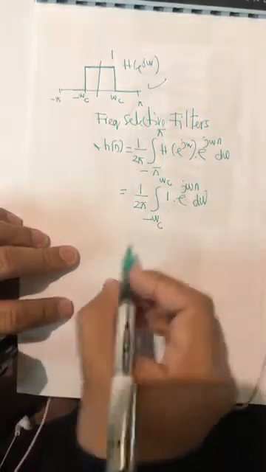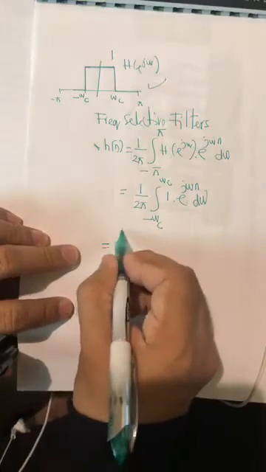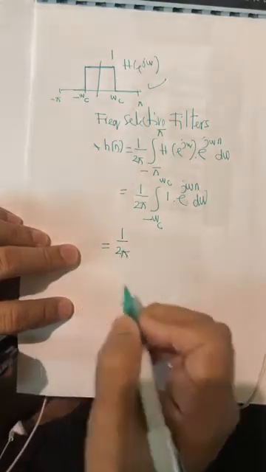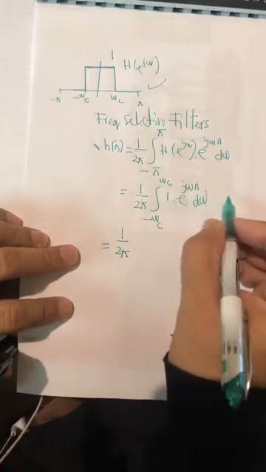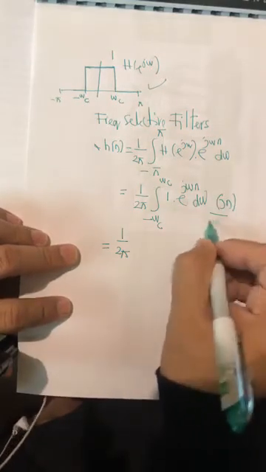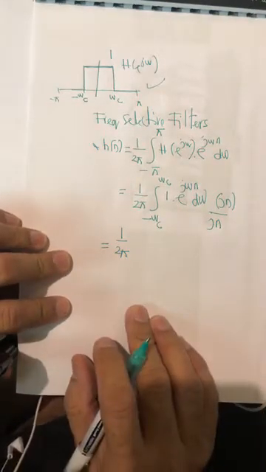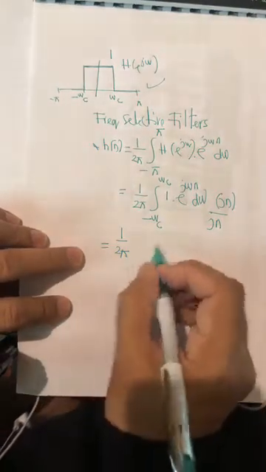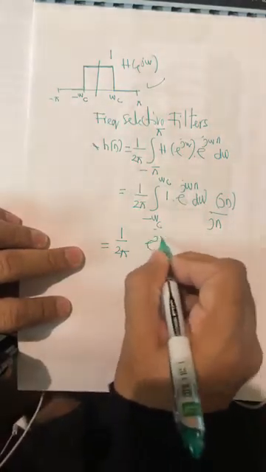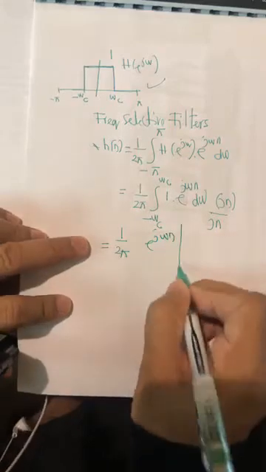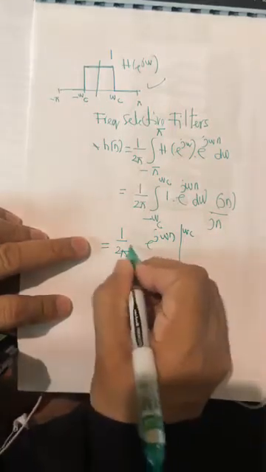Once you integrate it, leave 1/2 pi here, so you have a jn in the denominator. The exponential gives you an exponential, so you have exponential j omega n, and your limits are omega c and minus omega c, and you have j n.